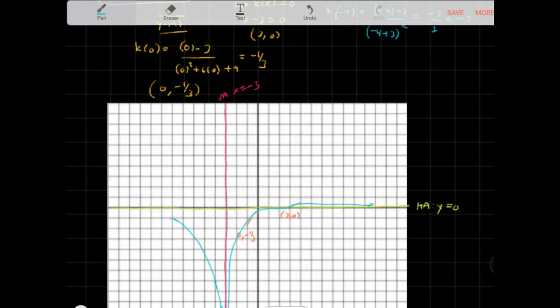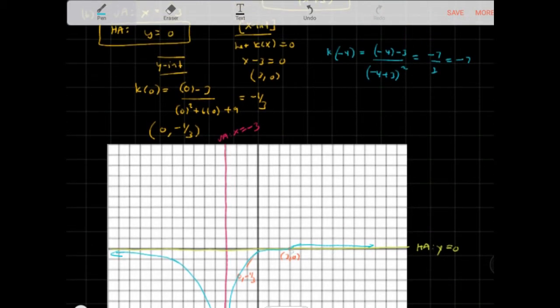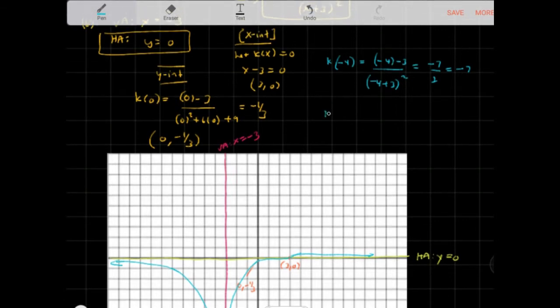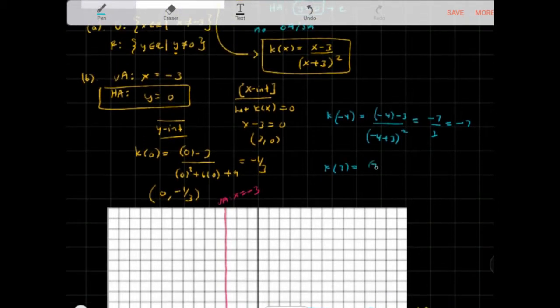If you draw test points here, this one will follow the confines of the asymptote. And you can show that the values beyond the x-intercept are above the horizontal asymptote. If I plug in x of 7, for instance, you get 7 minus 3 over 7 plus 3 squared, so 4 over 10 squared, which is basically 4 over 100.